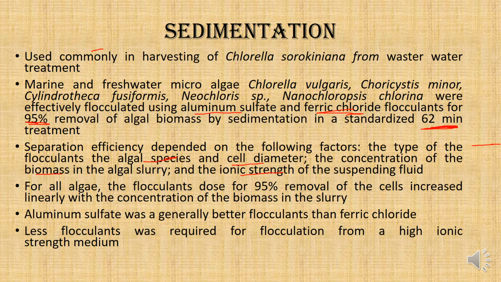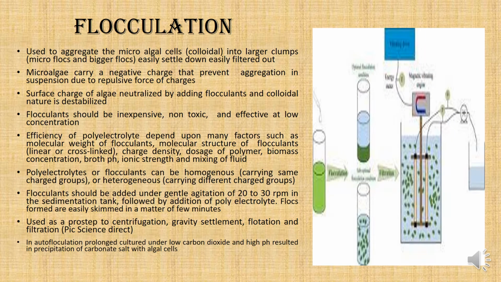So all these factors determine the efficiency and the speed of sedimentation using chemical flocculants. And using physical methods, that is centrifugation, I discussed in the previous slide, so I'm not discussing this now. Then we come to chemical flocculation.